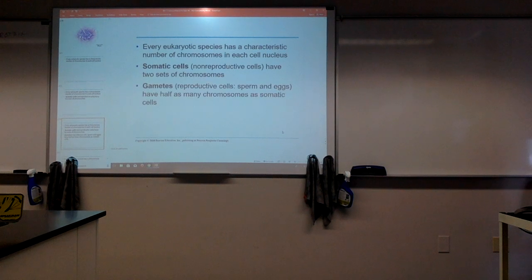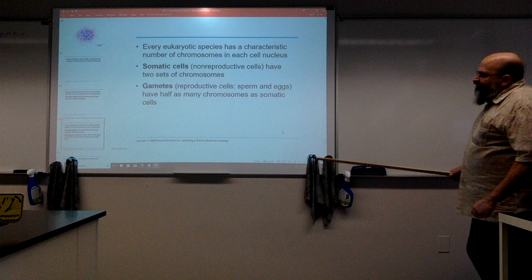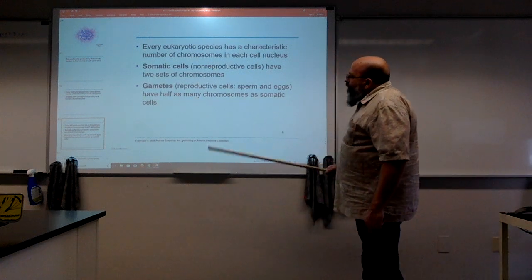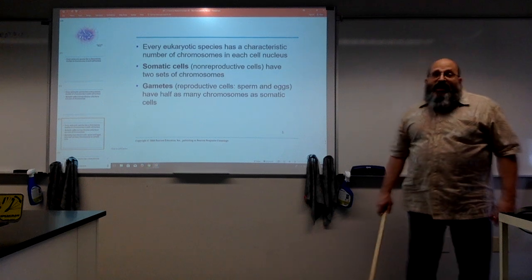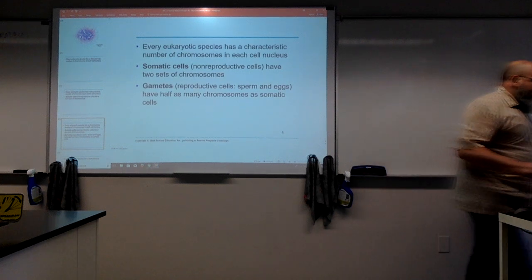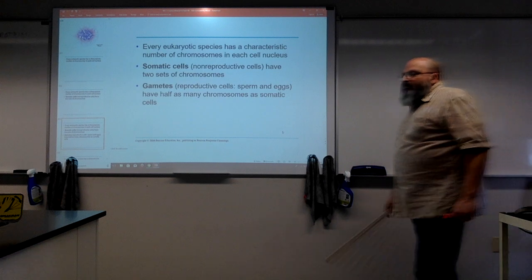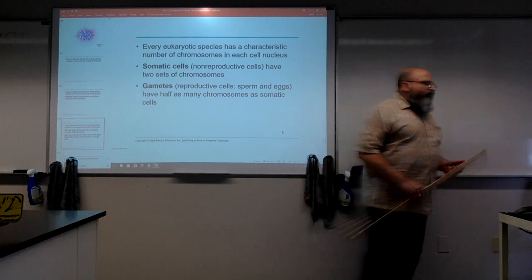They only have half as many chromosomes. In other words, a human sperm would contain 23 chromosomes, a human egg 23. They don't have 46. All other cells have 46 chromosomes.